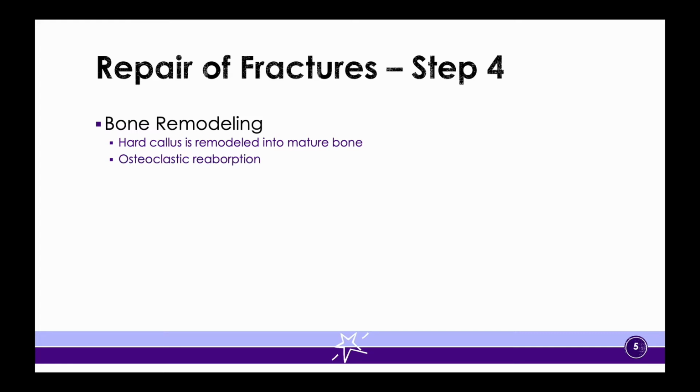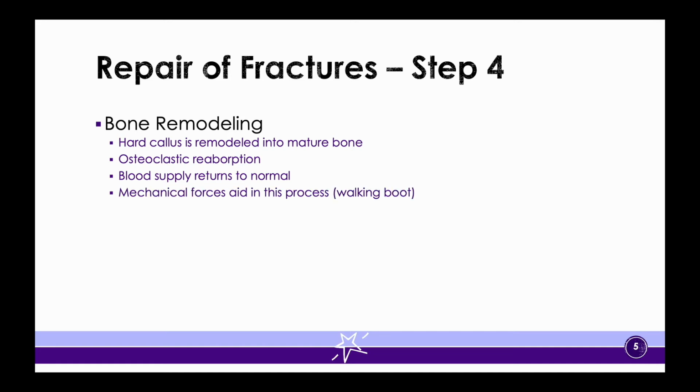We also have a lot of osteoclastic reabsorption that's happening. So osteoclasts will break down bone. So it's reabsorbing some of those extra layers of bone in the process of this remodeling nature. Blood supply starts to return back to a normal amount.